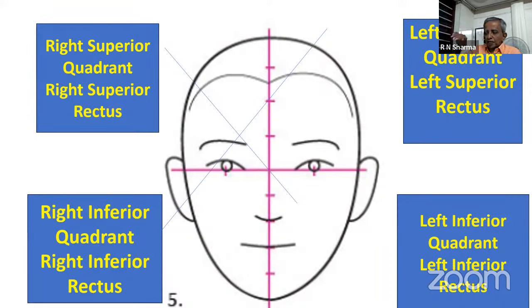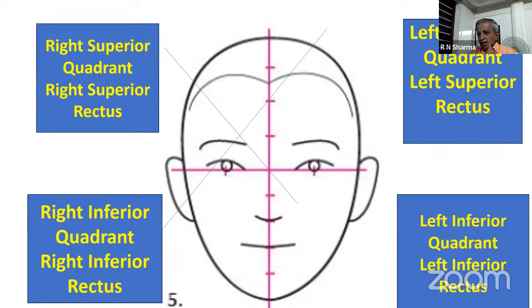When I am looking in my right inferior quadrant, the muscles that are acting will be right inferior rectus and left superior oblique. When I am turning the gaze to the left side and looking upward, I will be looking at the left superior quadrant.